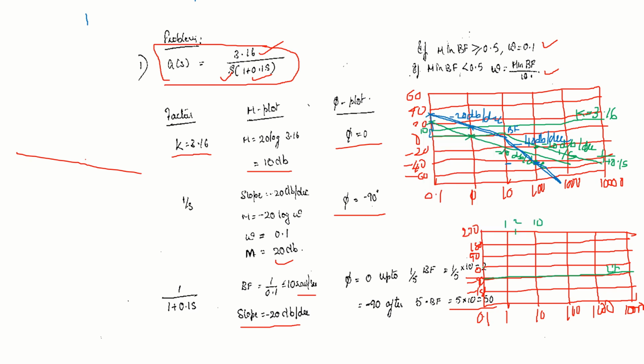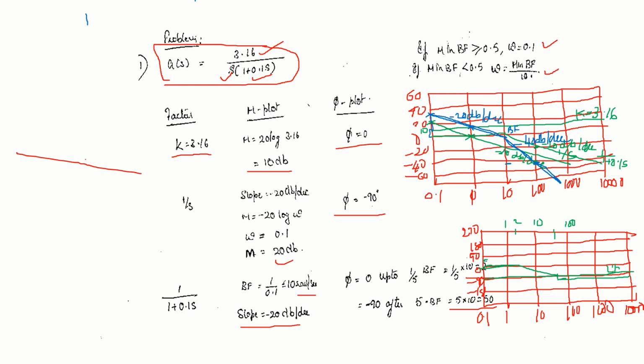Up to 20, then after 50 here, you can see there will be a 5 here. Let us join these 2 points. Just to differentiate this line from this line, I have drawn like this. Let us mark wherever there are corners.